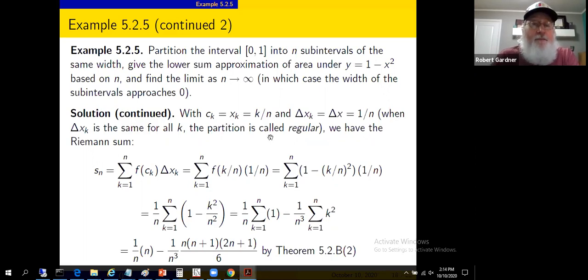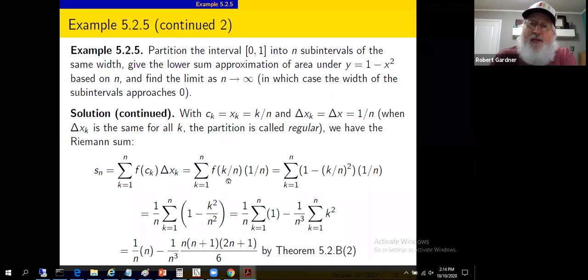Then we have the following Riemann sum. So Riemann sum would be a sum from k equals 1 to n of f of c sub k times delta x sub k. The delta x sub k's, they're all 1 over n, so I'll substitute that in. And we've chosen c sub k to be those right-hand endpoints, k over n in this case.